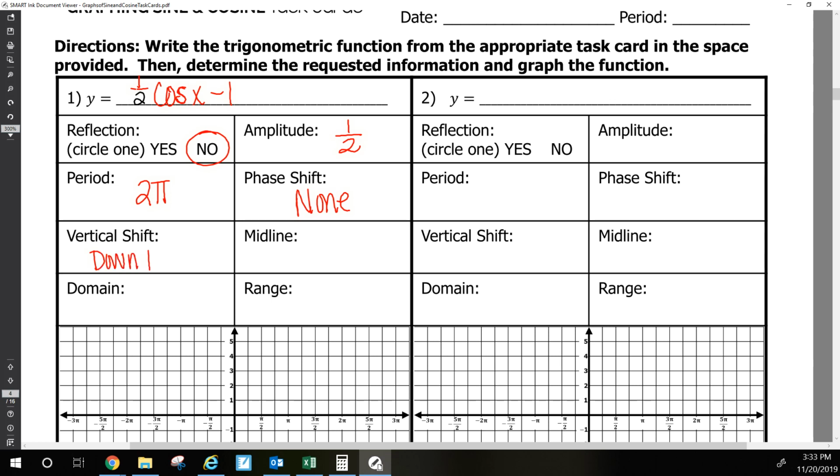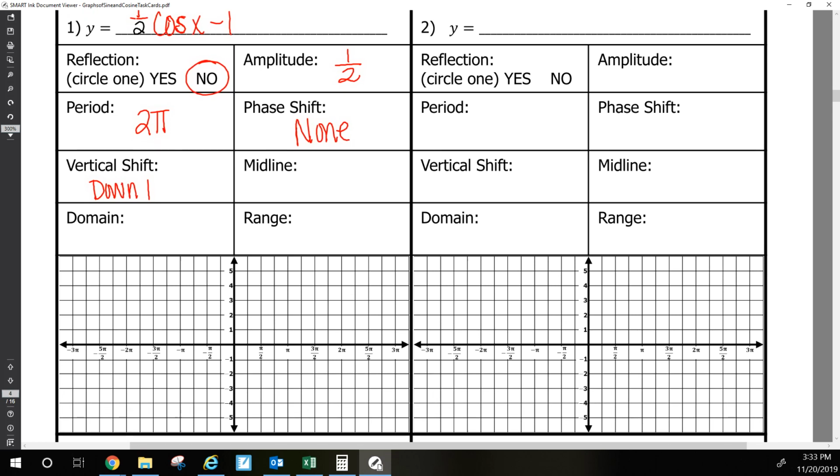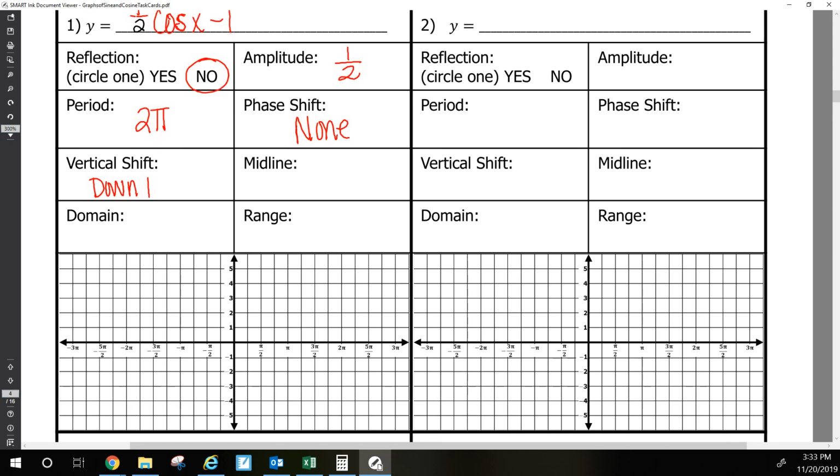My midline, therefore, so a lot of people ask, what's a midline? Well, here's our regular cosine function. Our regular cosine function goes like this. So that's what our regular cosine function looks like.